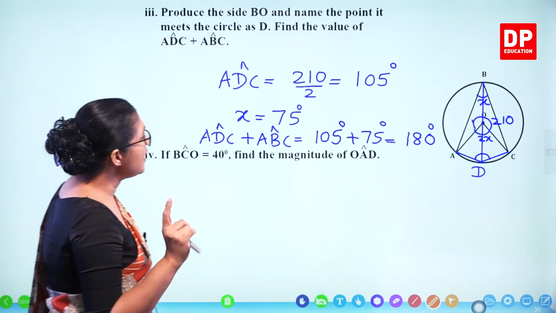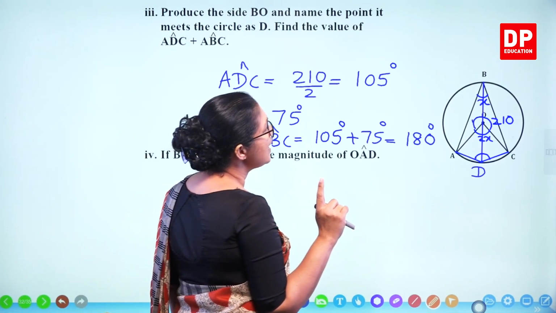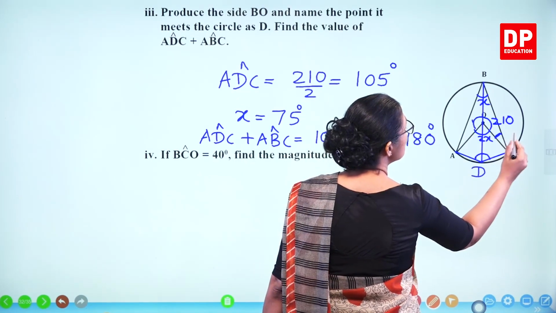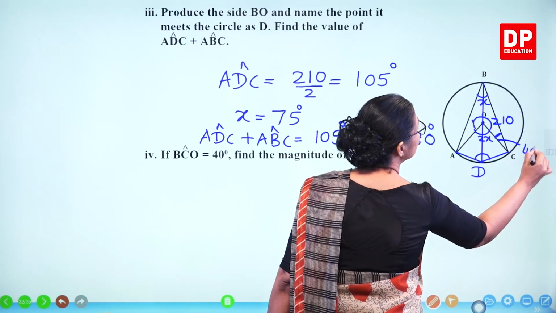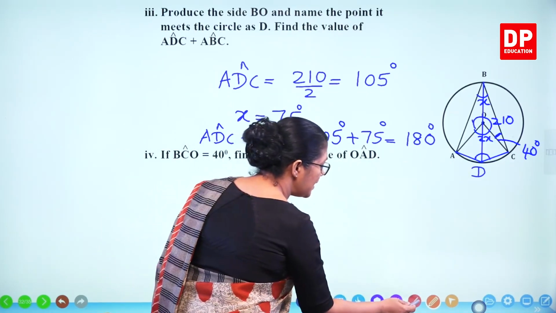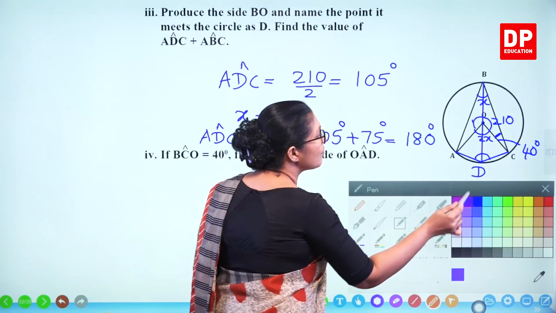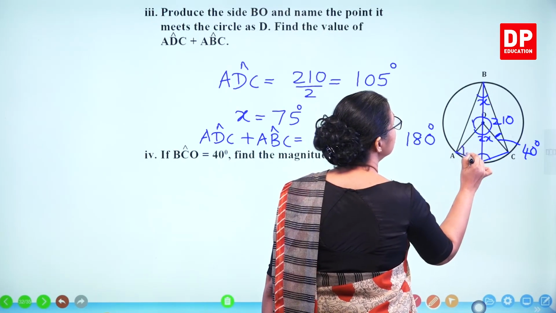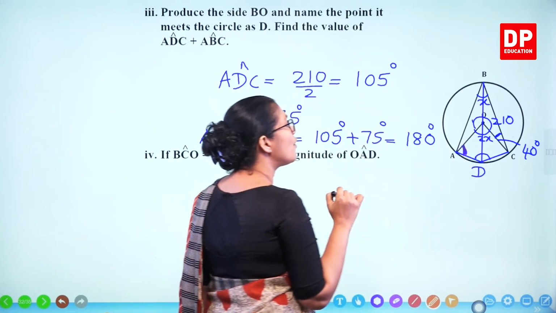If BCO, this angle is 40. Find the magnitude of OAD. OAD, this angle. We need to find out this angle.